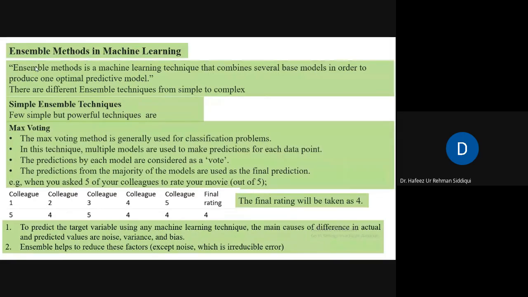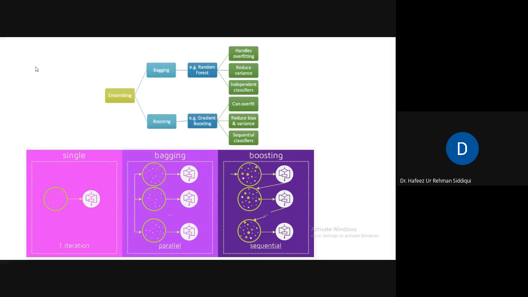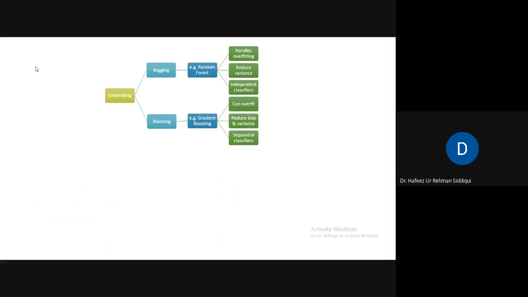Okay, so max voting is a simple technique for ensembling. There is another one. All right, so ensembling. Ensembles are two types. One is bagging and another is boosting. In bagging, we have random forest, which handles overfitting and reduces variances, an independent classifier.